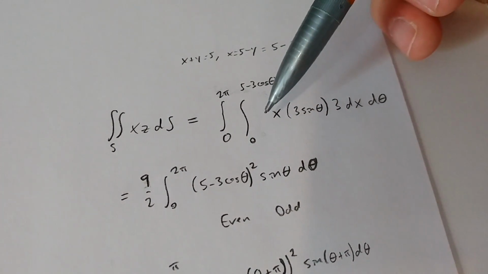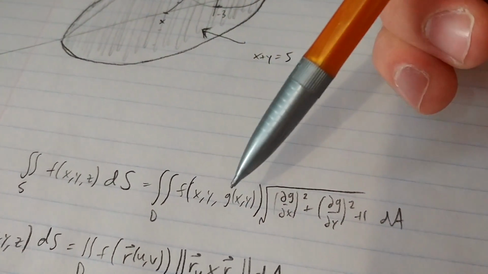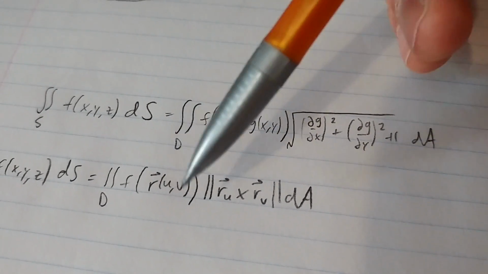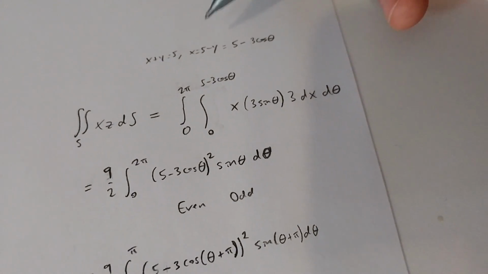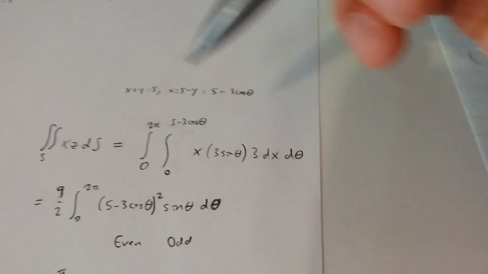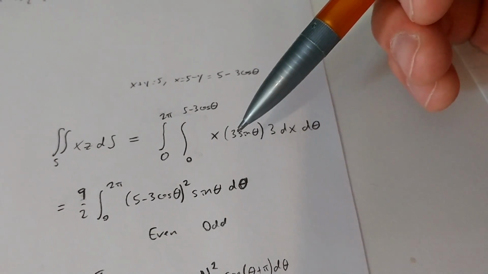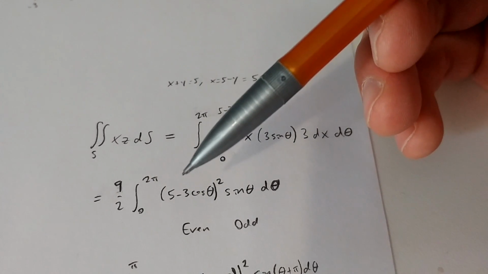So x is a variable we're using, and z here is going to have to be expressed in terms of x and theta. We just need theta though, because we already found that z is 3 sine theta. Okay, so just plug that in, and simplify it a little bit.